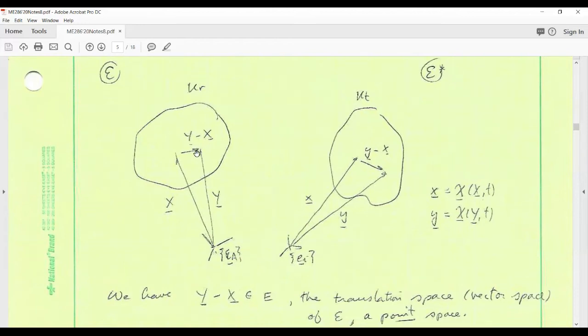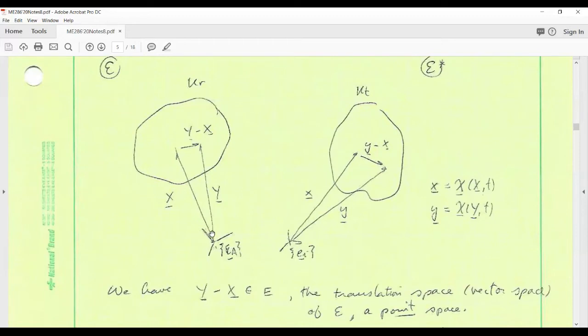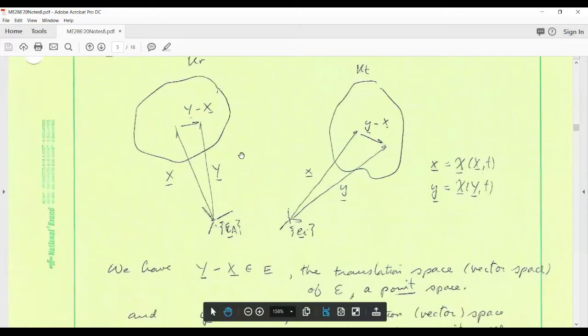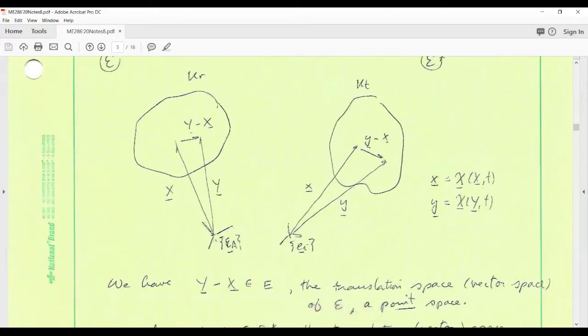So we would say that Y minus X belongs to not the point space, but rather the vector space associated with the point space. That's often called the translation space, by which you should understand a vector space associated with this point space calligraphic E. The distinction is kind of a technical one, and people normally overlook it, but overlooking it can have some strange consequences, and we don't want to fall into the trap of drawing inappropriate conclusions.